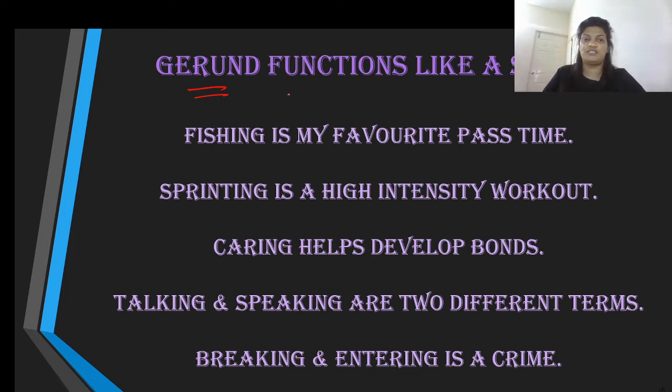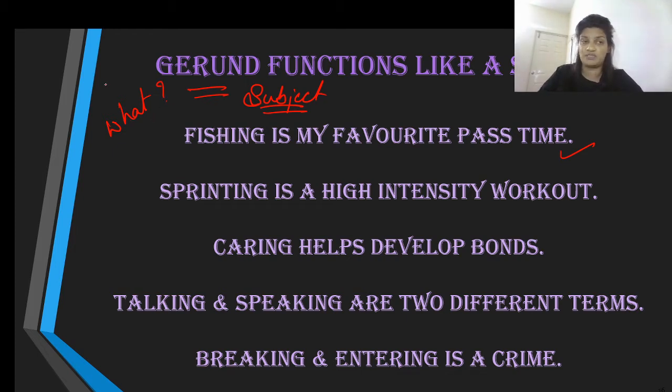Gerund, which functions like a subject in a statement. Now, in the example which you see here, I want you to read the statement and tell me what the subject is. Let me do that for you. Fishing is my favorite pastime. What is my favorite pastime? You ask the question, what? And if you know well, what answers the question.